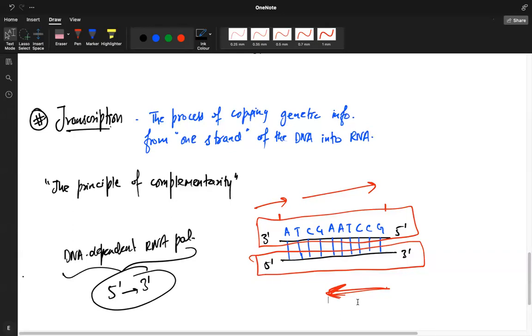This question has come multiple times in boards also: why are both the strands of the DNA not copied during transcription? What is the problem? What is the biological problem? Iram, you think you know the answer now? Okay, that's great. Give me the answer.